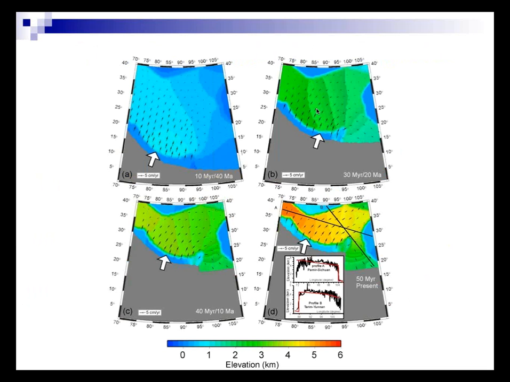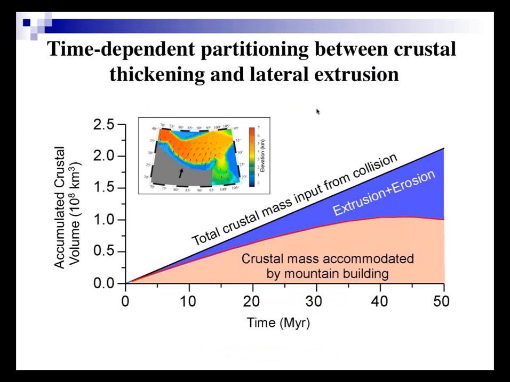So this is a time series simulation of the collision that caused the formation of the Tibetan Plateau. And these are two profiles where you can compare the produced topography with the observed ones. With this model, we can see the time-dependent partitioning between crustal thickening and lateral extrusion.